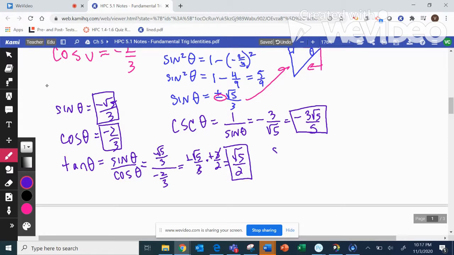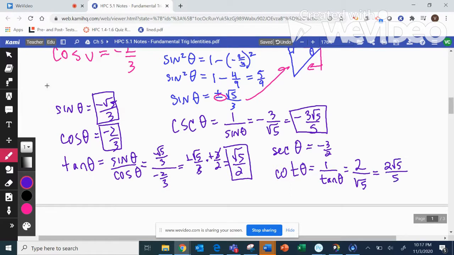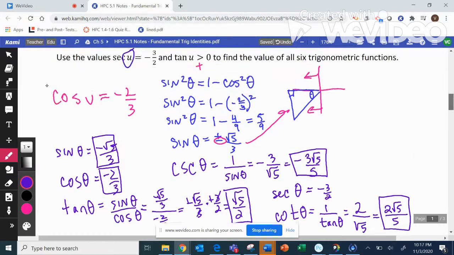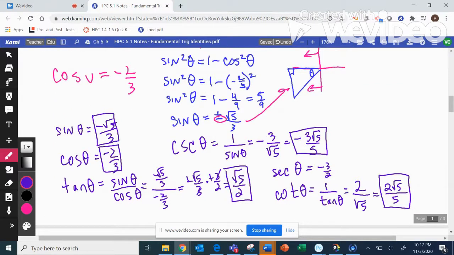The secant they gave us, and then the cotangent is the same thing as 1 over tangent. So I'm just going to reciprocate tangent: 2 over square root 5, or 2 square root 5 over 5. So this is doing things you've already learned how to do in chapter 4, just using identities instead of labeling a triangle.